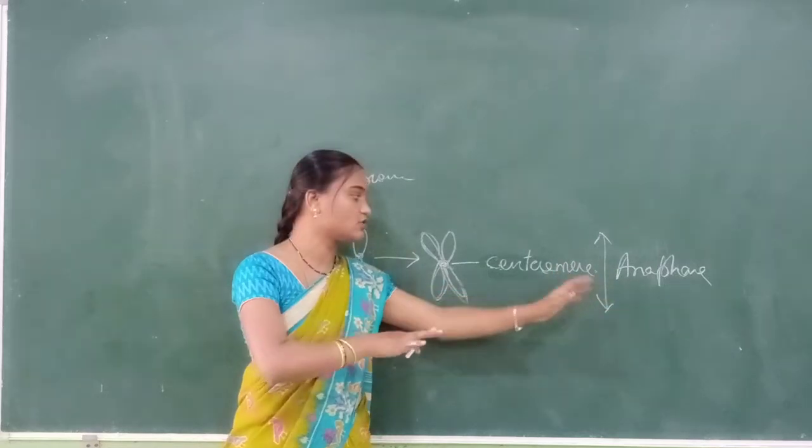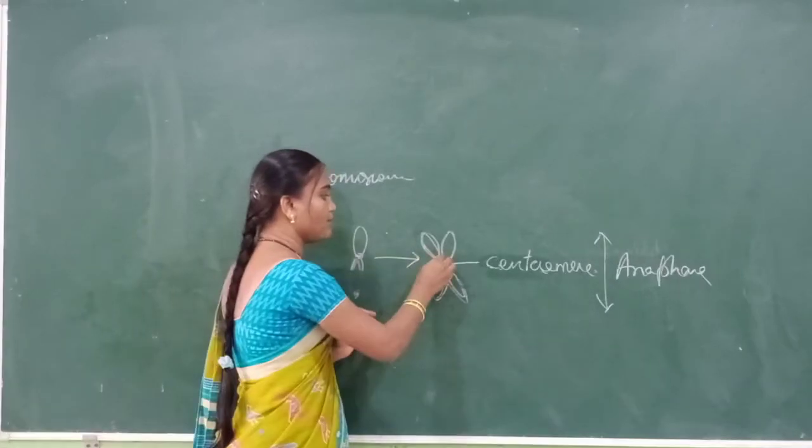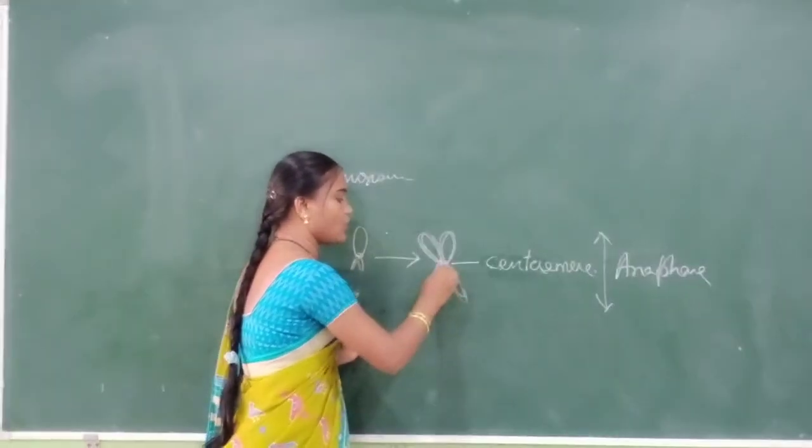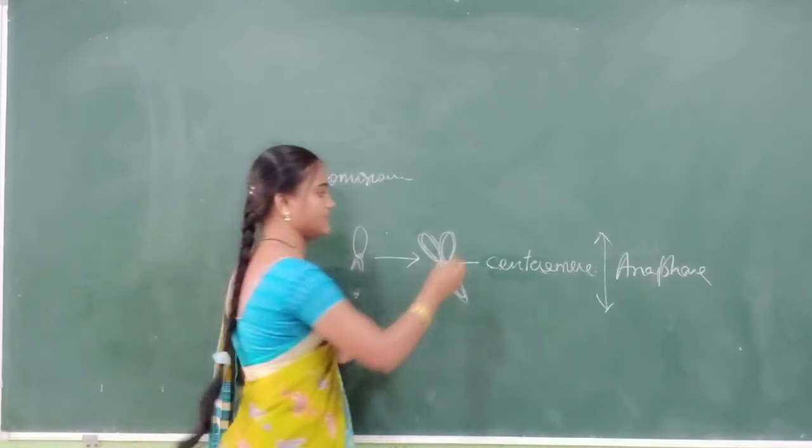That is your next story. So they both are attached with the centromere. The produced arms of your chromosomes are nothing but your chromatids.